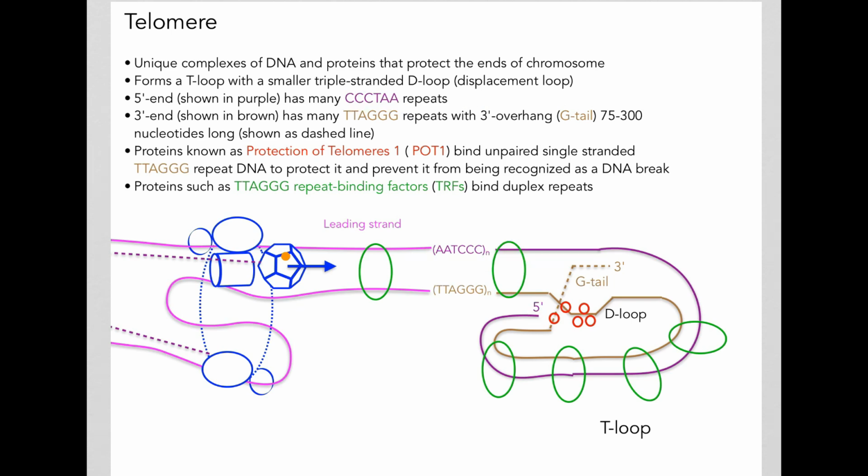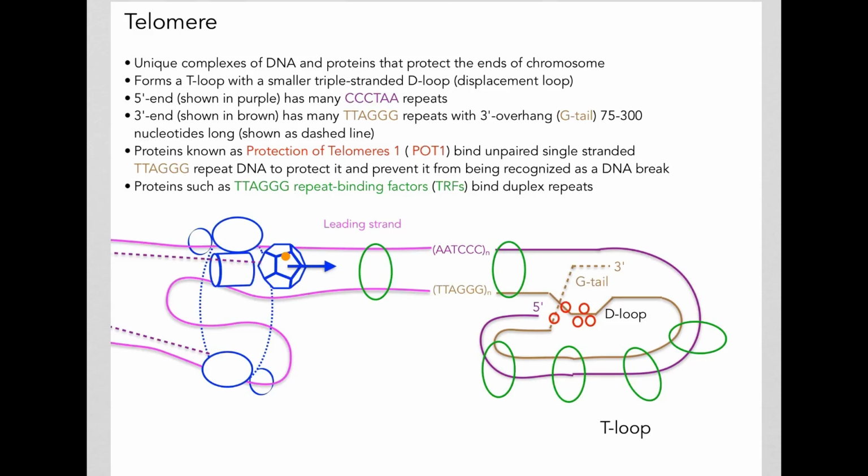The 3' end, shown in brown, has a lot of TTA-GGG repeats. A lot of these repeats on this strand shown in brown.